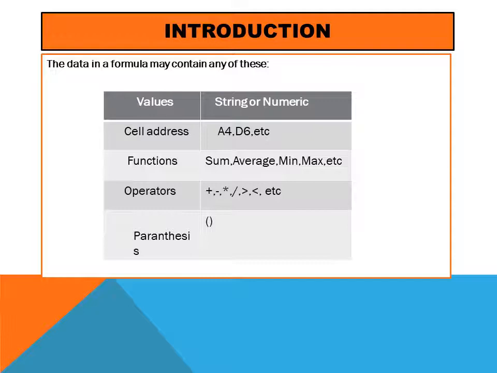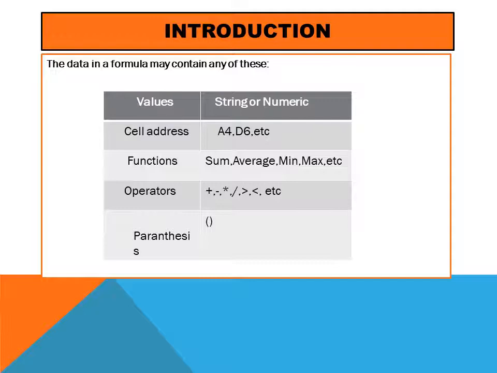Then we can also use the functions. We can use sum, average, minimum, maximum. These functions could also be used in the formula. Operators: plus, minus, multiplication, division, less than, greater than. All these operators can be included in the formula of your MS Excel.